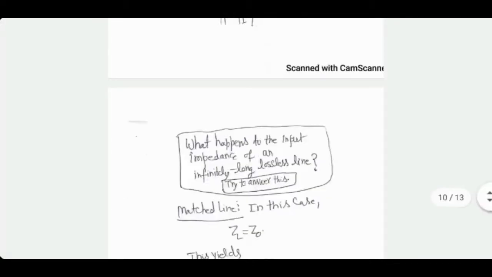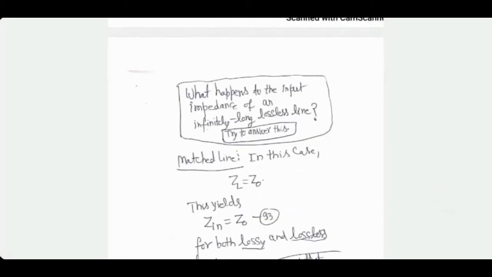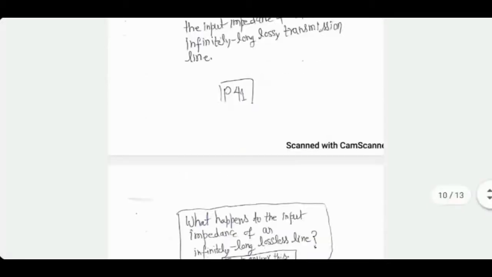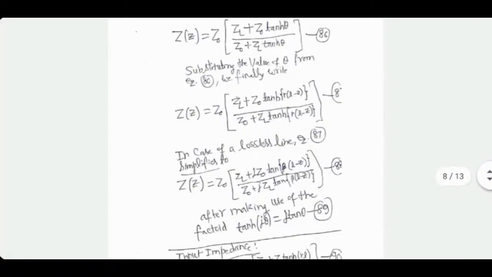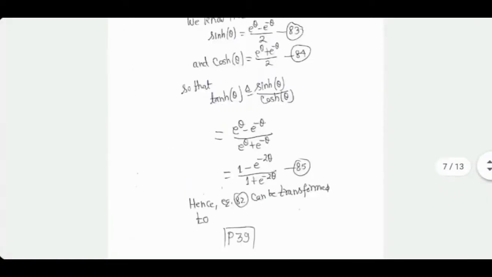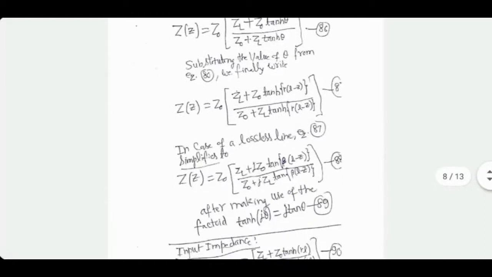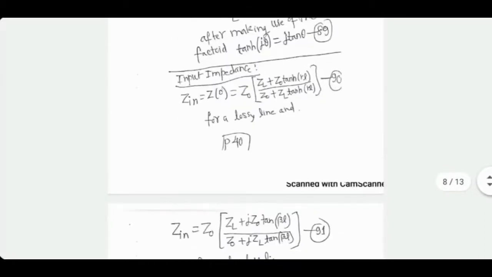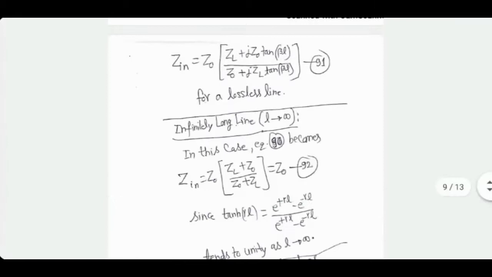Other special cases are also there. Now, for a lossless line, what will happen if l goes to infinity? Because for a lossless line, the formula for input impedance is equation 91. If I allow small l to go to infinity, God knows, I don't know what will happen, really.